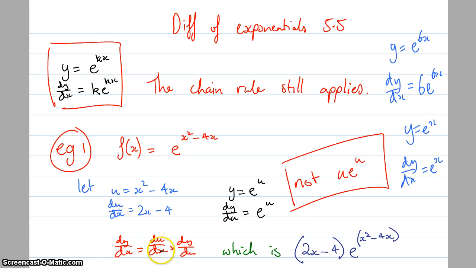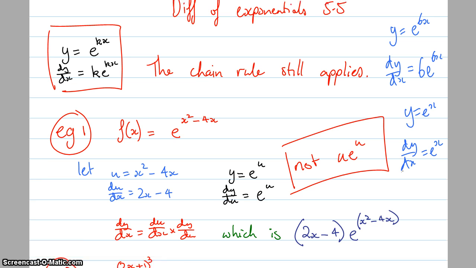So dy dx equals du dx multiplied by dy du, and that ends up being 2x minus 4, all in brackets, and that's another place where people lose marks because they don't put the brackets in. Hopefully you won't make that mistake. Multiplied by e to the power of x squared minus 4x. So that's how we would use the chain rule in this case.